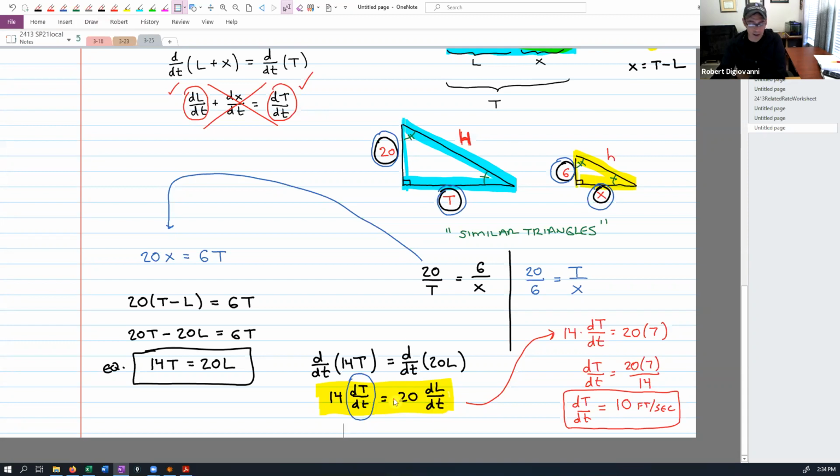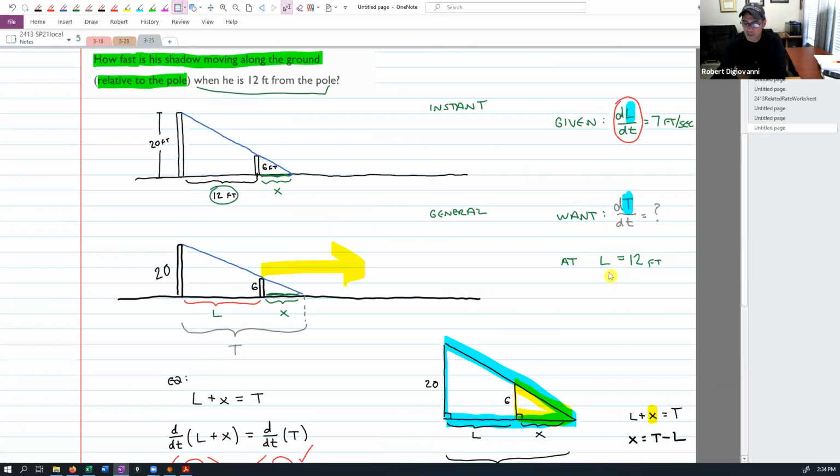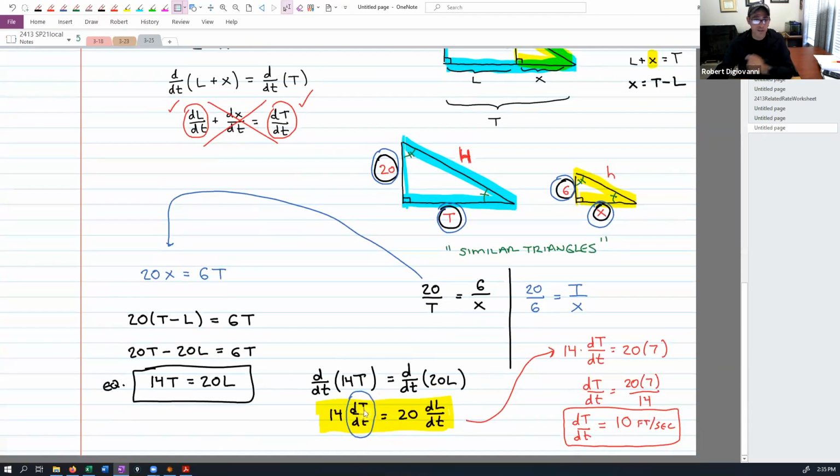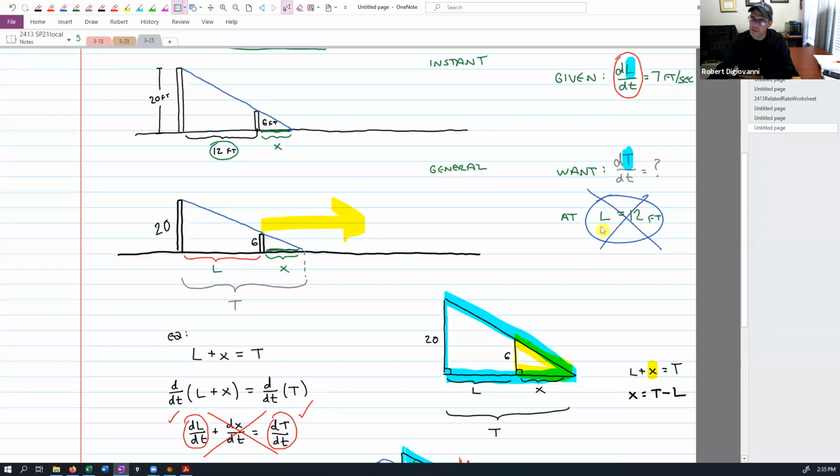And that nowhere in here did we actually ever have to plug in the L as 12, right? The L equals 12 had no impact at all on the rate of change of T. And that's what Natalie was asking. Why didn't we use L as 12? We never used it.